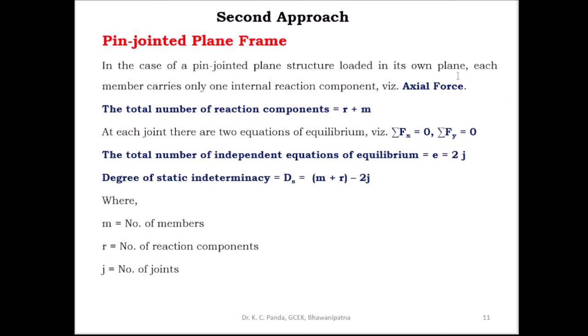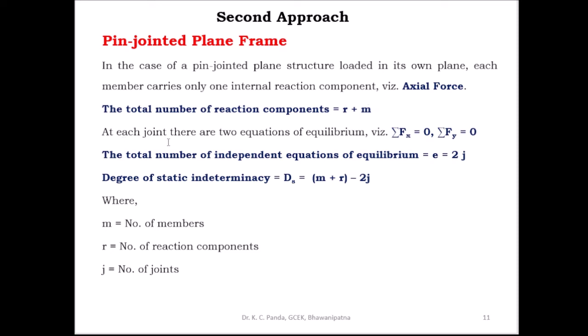So the total number of reaction components is the external reaction components plus internal reaction components. The external ones come from the support system, and the internal ones from the number of members. So the total is R plus M.